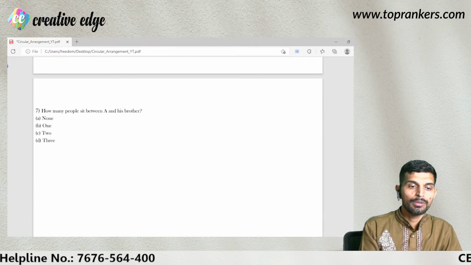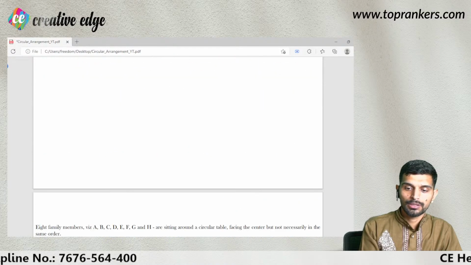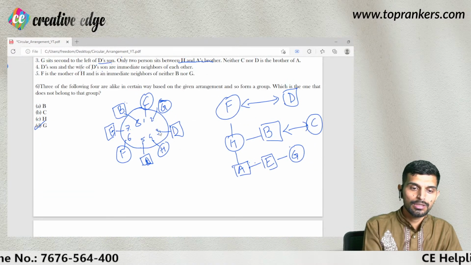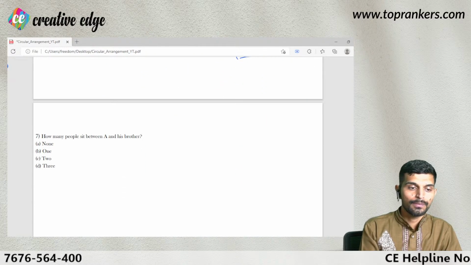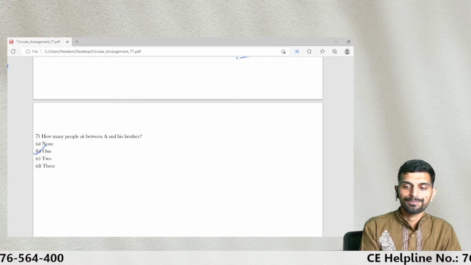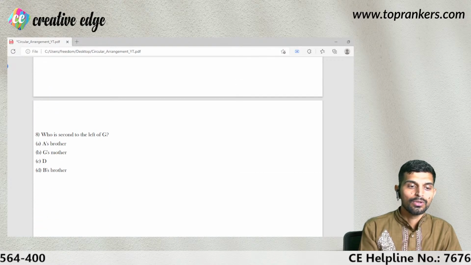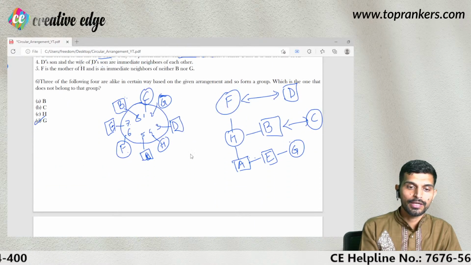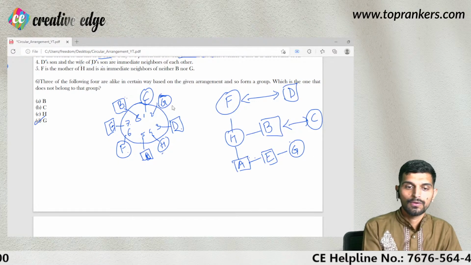Next, how many people sit between A and his brother? A's brother is E. So only one person sits between A and his brother. Answer is B. Next, who is second to the left of G? Second to the left of G is H. First, second.